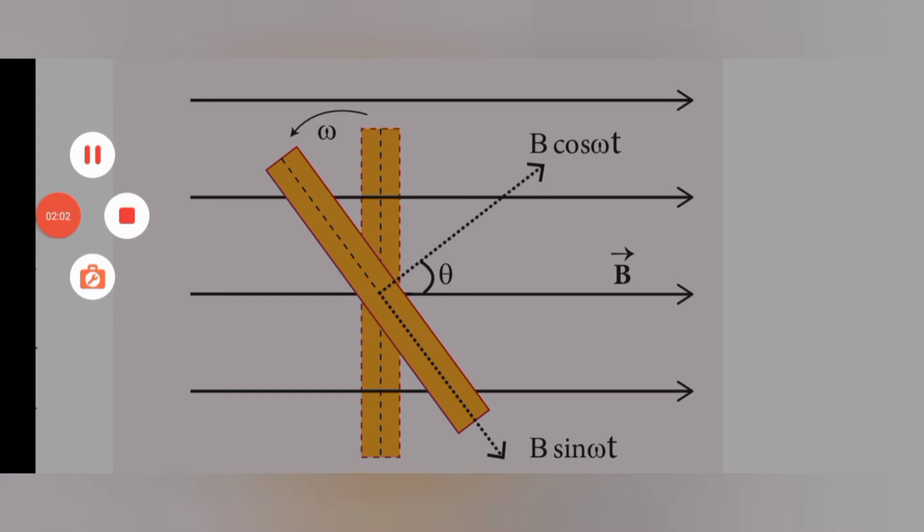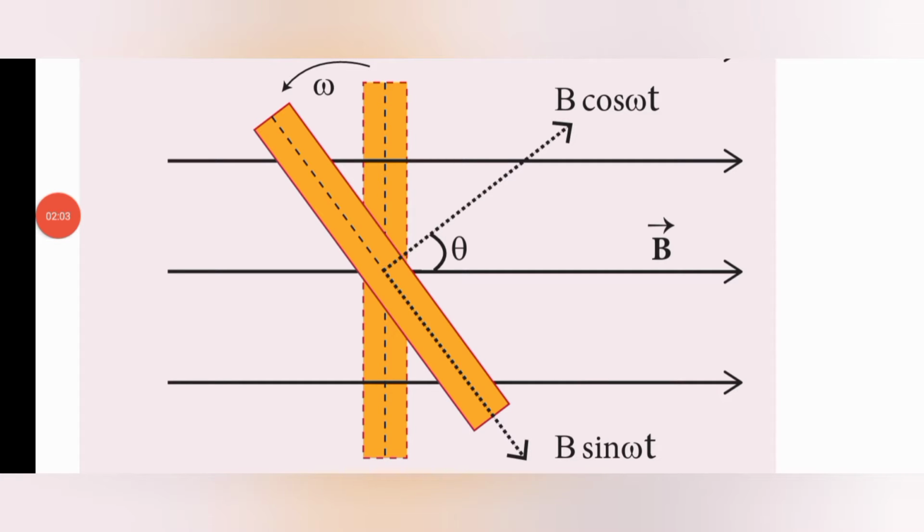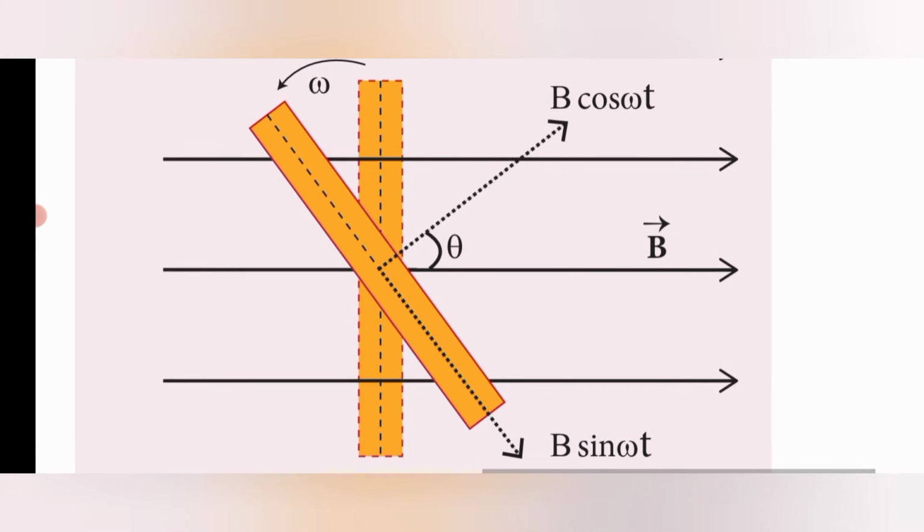In this picture, about these parameters, you already know that the coil rotates in the anticlockwise direction with angular velocity omega. So omega is equal to theta by t, that is angular displacement divided by time t. And also theta is equal to omega t.